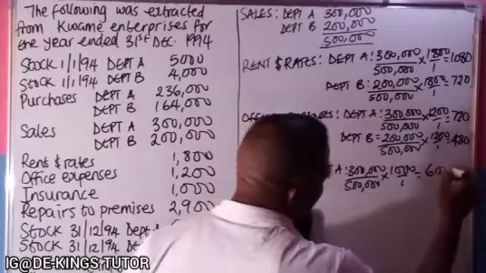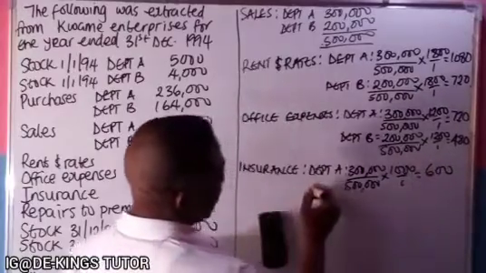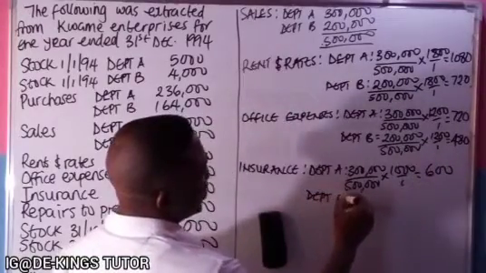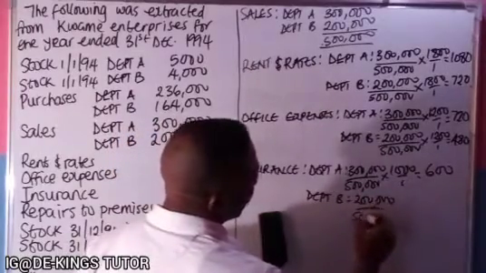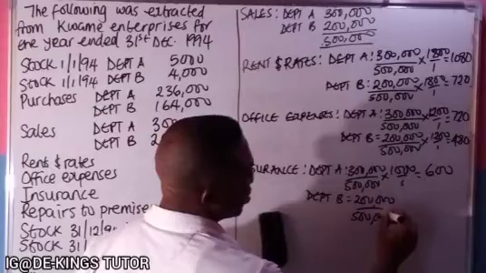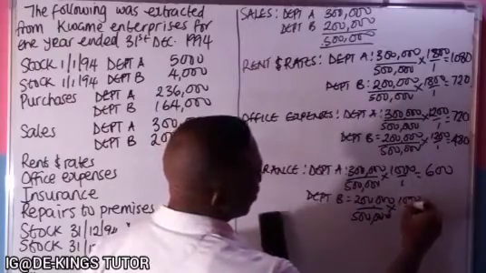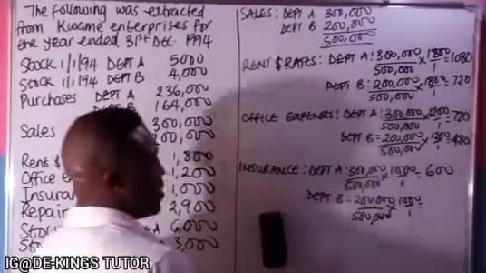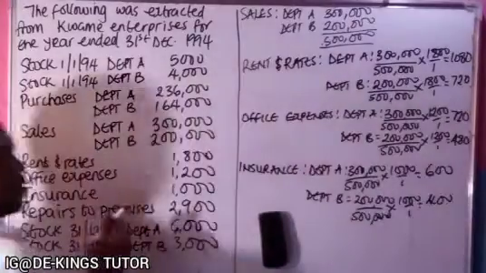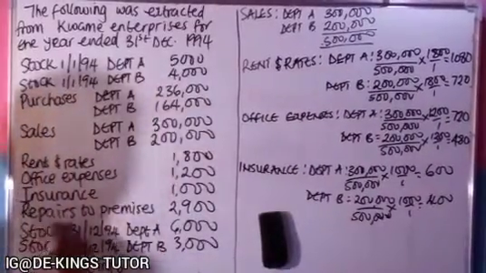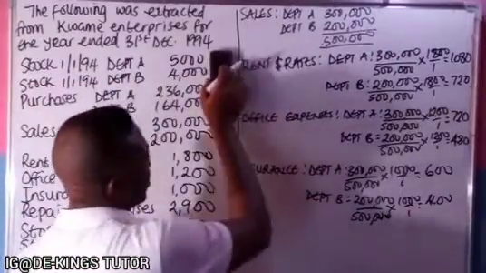My calculator will have 600. Then for Department B, 200,000 over 500,000 times 1,000 over 1. For Department B, it will give us 400. That's for insurance. Now, the last one, we'll have the repairs to premises.